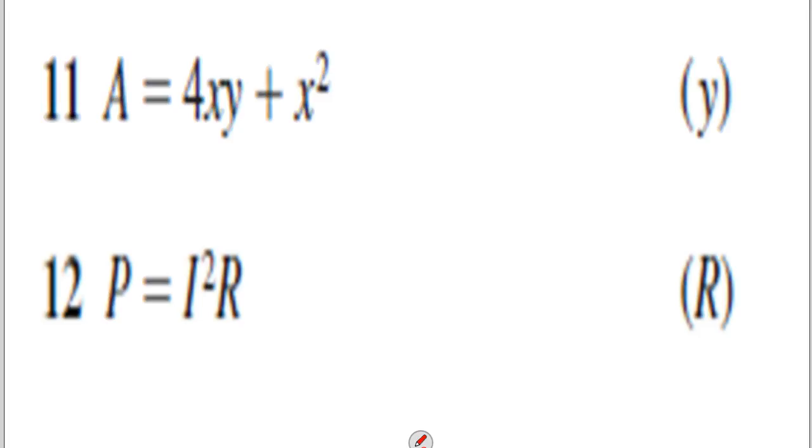Okay, so we've got a equals 4xy plus x squared. What do we want to make the subject? They want us to make y the subject, which is right here. So I'd suggest subtract both sides by x squared first, just to leave you with 4xy. So let's do that. So subtract both sides by x squared. a minus x squared equals 4xy.